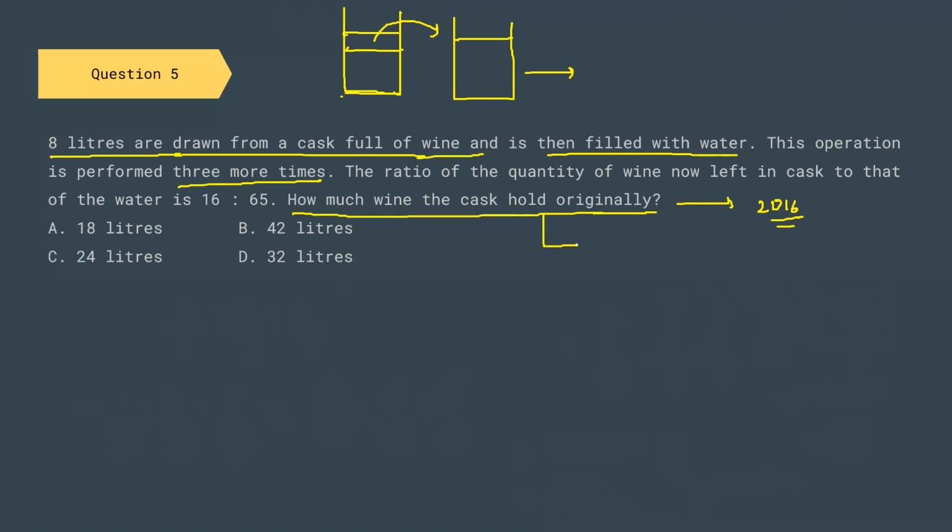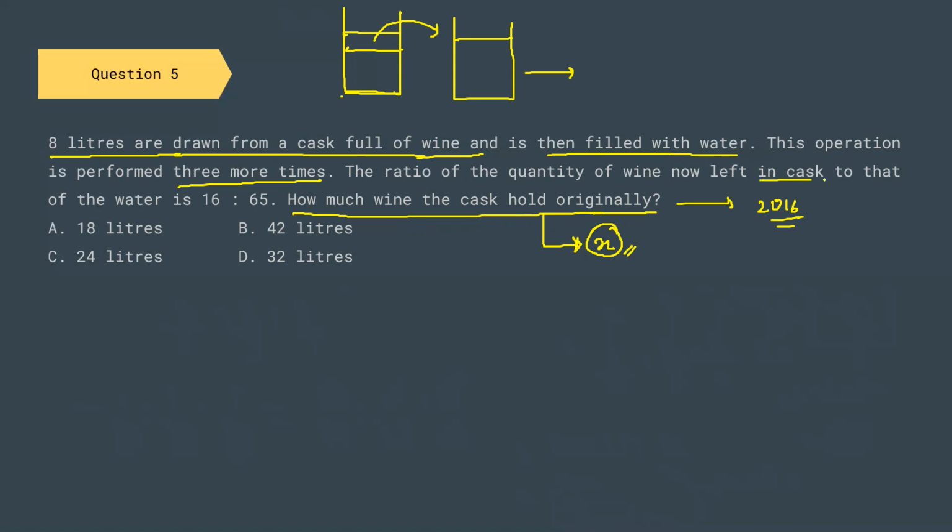Let us assume that the total capacity of the cask is X liters. The initial quantity of wine and the capacity of the cask are the same, so we can assume that to be X. This is the value that we have to find out.